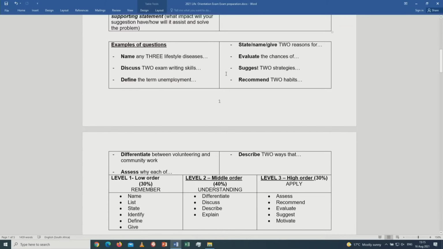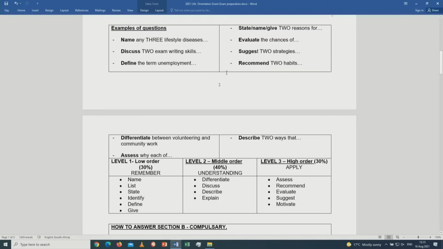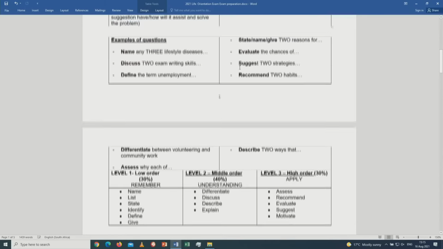So those are some of the examples, like discuss 2 exam writing skills, define the term unemployment, define the term discrimination, define the term violation of human rights, something like that.